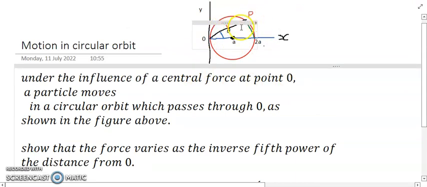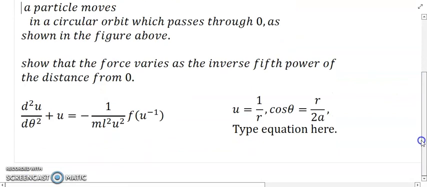Then we're gonna use the cosine trig ratio, and we will get cosine theta equal to R divided by 2a. This tells us that in place of R, we're gonna replace it by 2a cos theta.